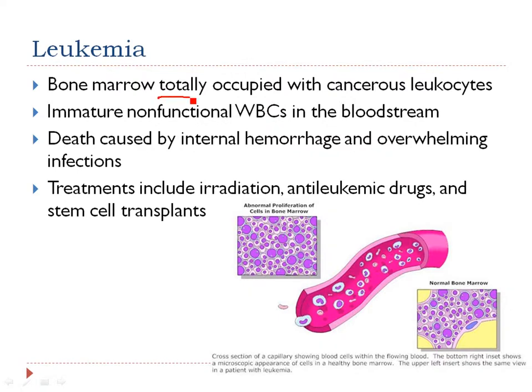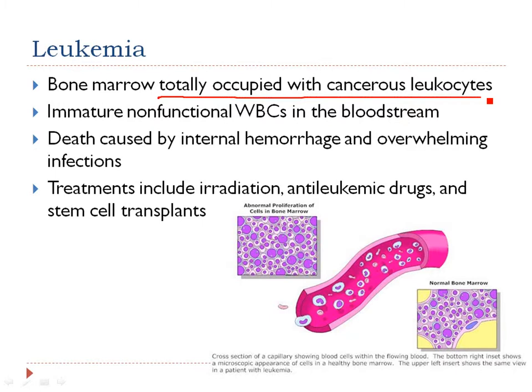If you have leukemia and you have some type of immature white blood cell that's multiplying out of control, those cells wind up dominating your bone marrow. They squeeze the other types of cells out. They squeeze the healthy ones out, including the red blood cells that are trying to form in your bone marrow.